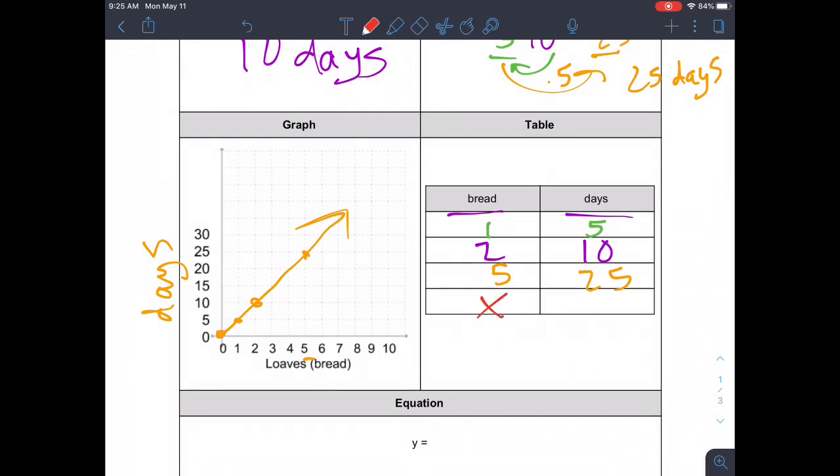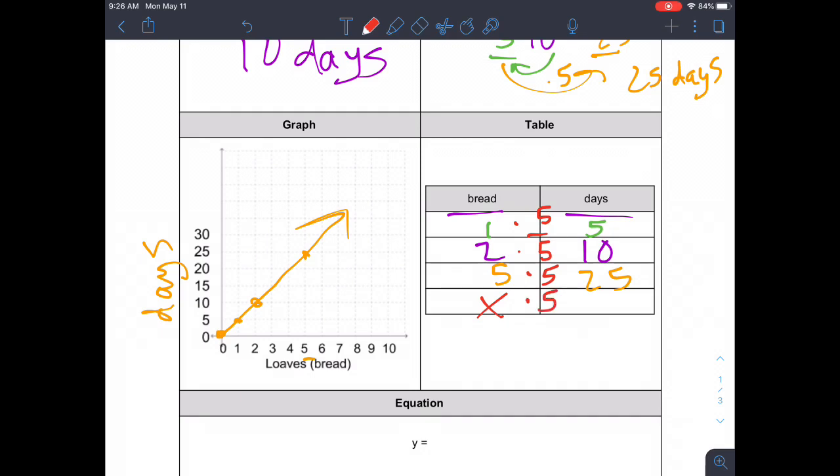So this is where we get a little bit conceptual, a little bit out there. So hopefully you remember when we move in this table, we can move up and down. Those are using scale factors. But we can also go across. And when I do that, 1 times what is 5? Oh, 5. And 2 times 5? 5 times 5, that's right. That number is constant. It doesn't change.